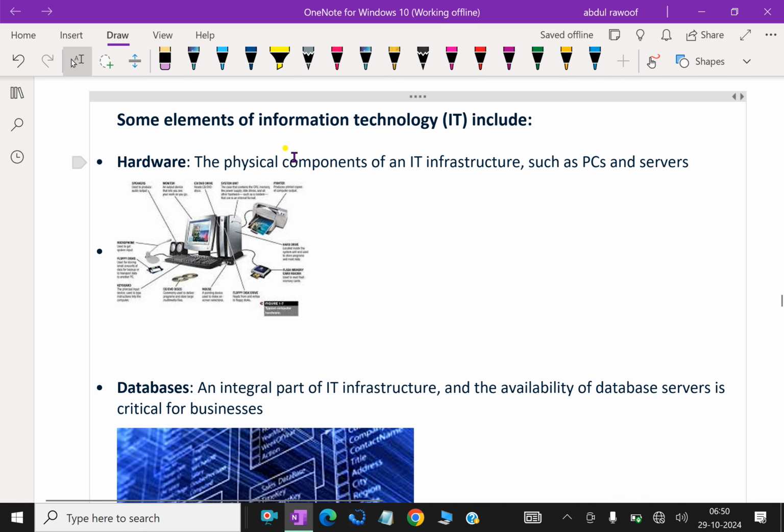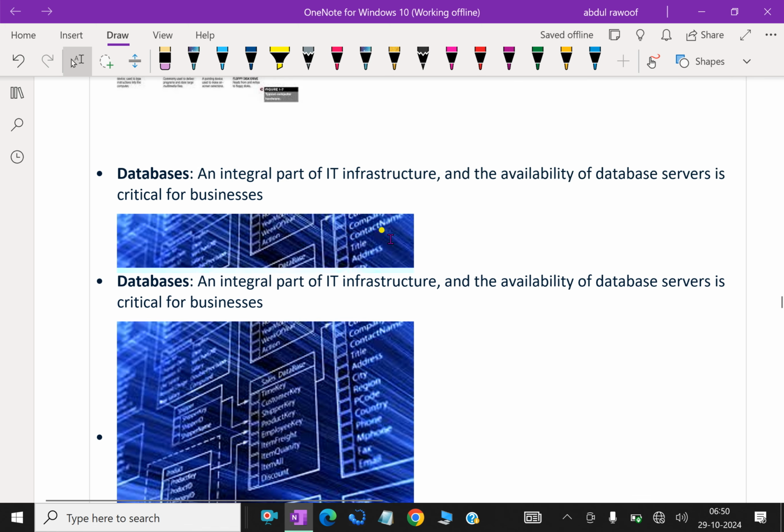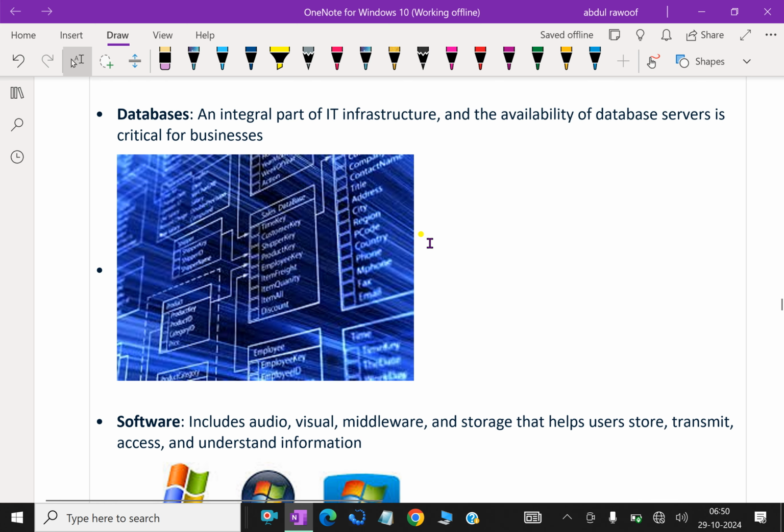Some elements of information technology include hardware, the physical components of IT infrastructure such as PCs and servers. Database is an integral part of IT infrastructure, and the availability of database servers is critical for businesses.